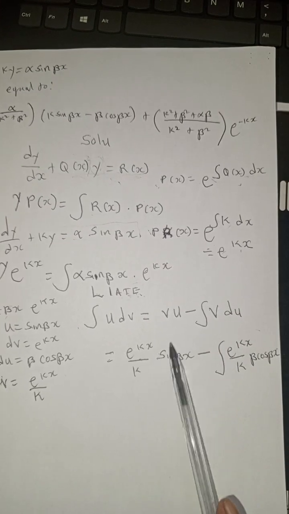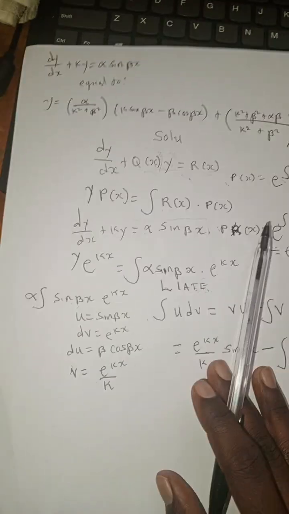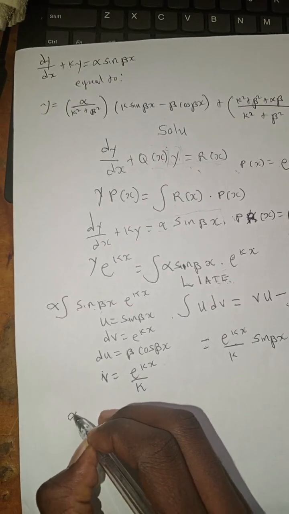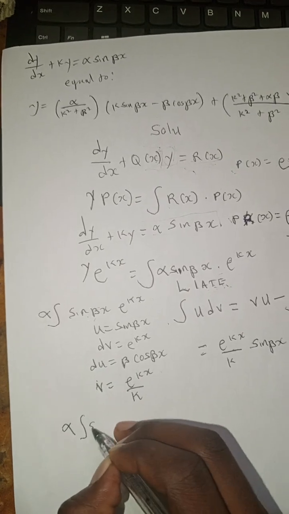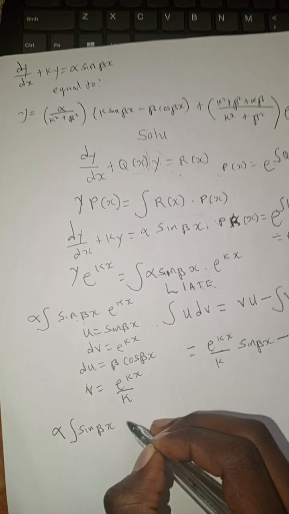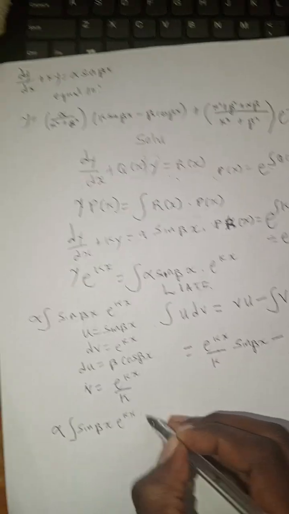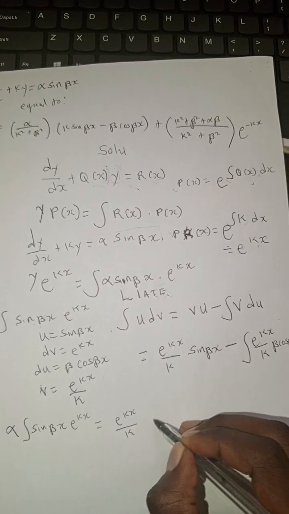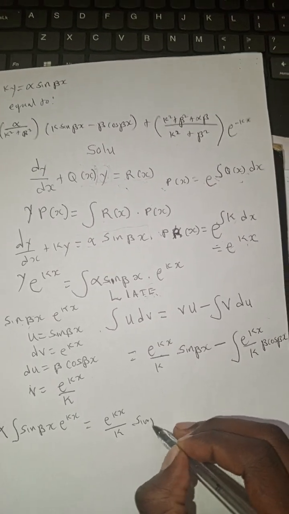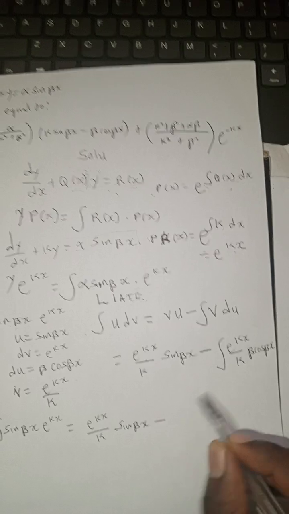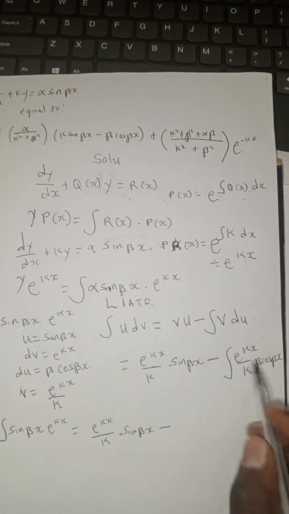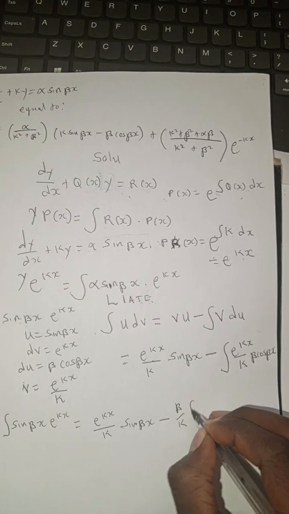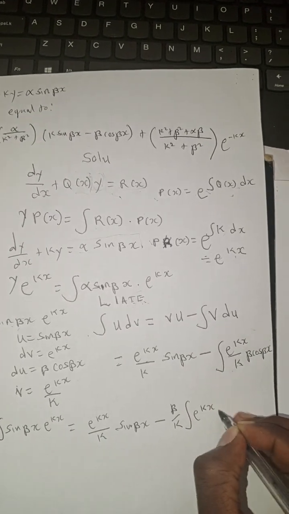So already we have this function, we'll write it the way it is. I'll say the integral of e^kx sine beta x is equivalent to e^kx over k sine beta x minus, I'll factor out the constants, which is beta over k. Then I'll write what I have.